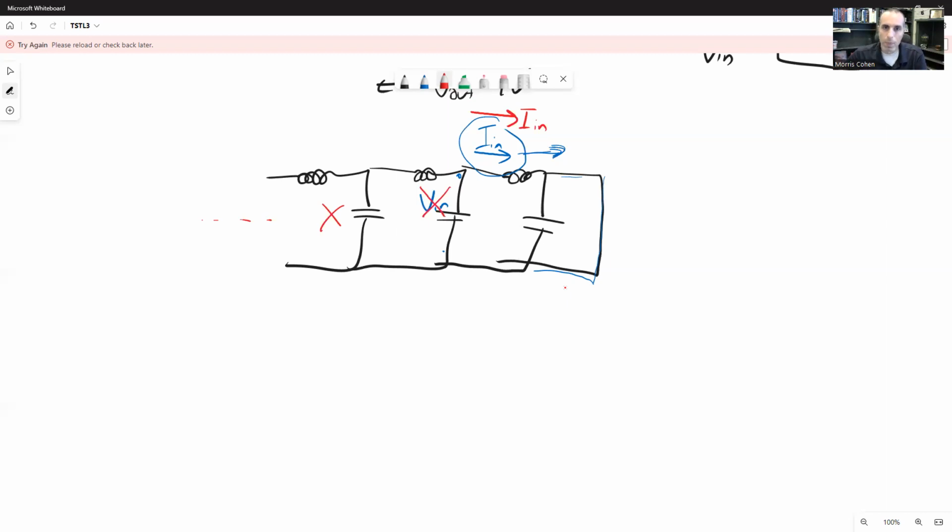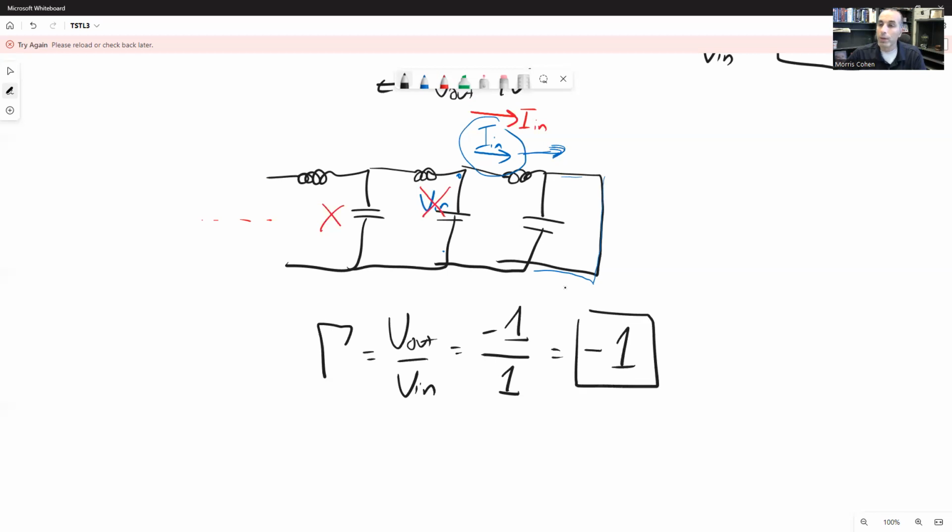So in this case, we can say that gamma, the reflection coefficient, which equals V out over V in, will be equal to -1 divided by 1, or you have a reflection coefficient of -1. We sent in 1 volt. That 1 volt charged up the capacitor one after the other on its way to the end. And the load said, nope, no you don't, no voltage here.